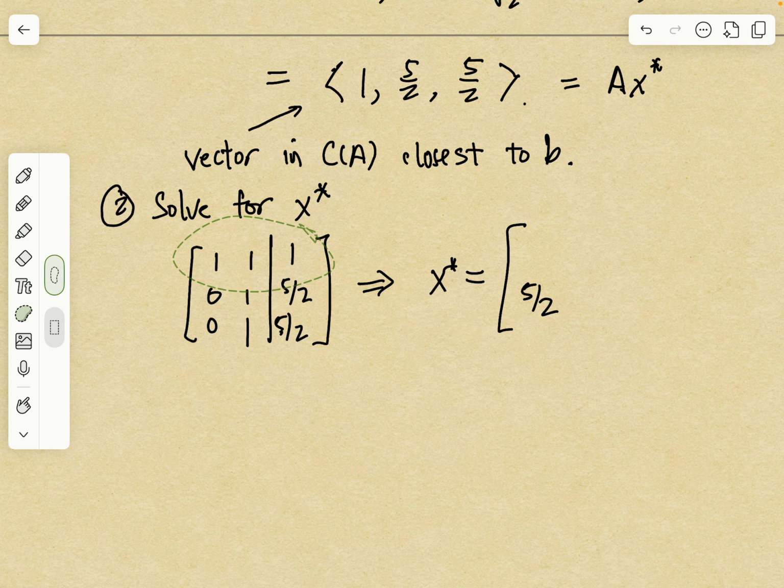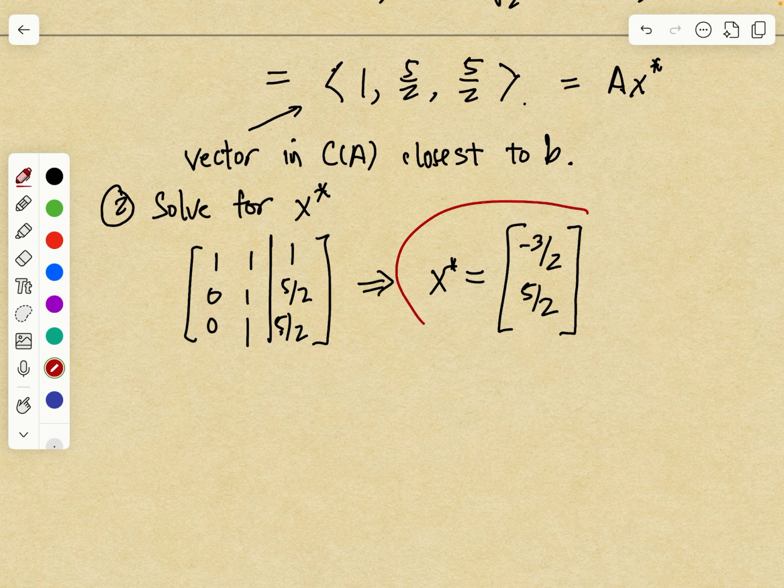So the first component has to be negative 3 over 2, because negative 3 over 2 plus 5 over 2 is 1. So that's going to be our X star. We just found what X star is. So that's called a least squares solution.